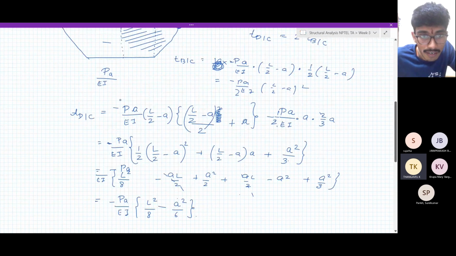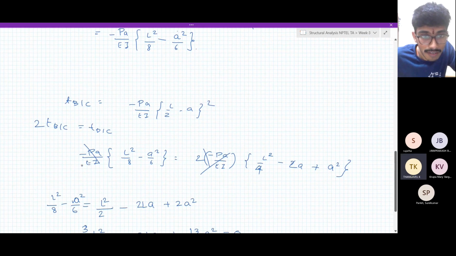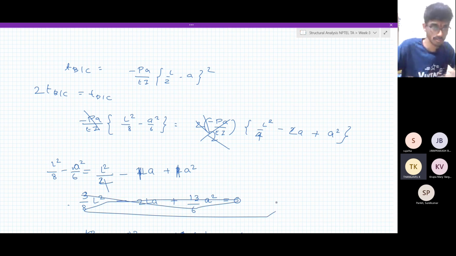So here this 2 and 2 will get cancelled. So this remains L square by 4 and this remains LA and this will remain A square. Sorry for this confusion.